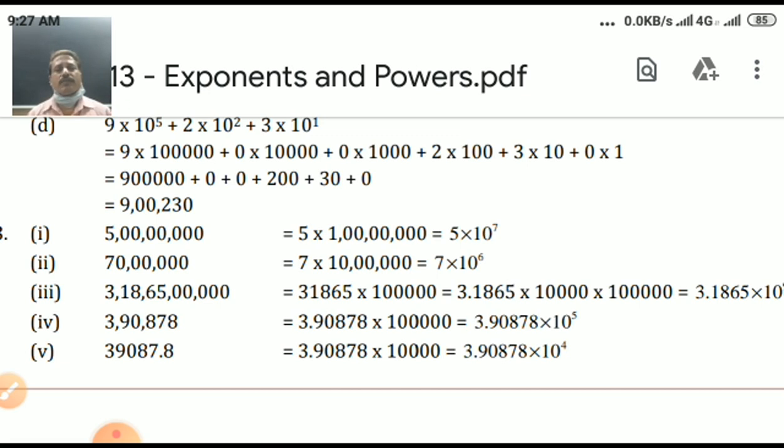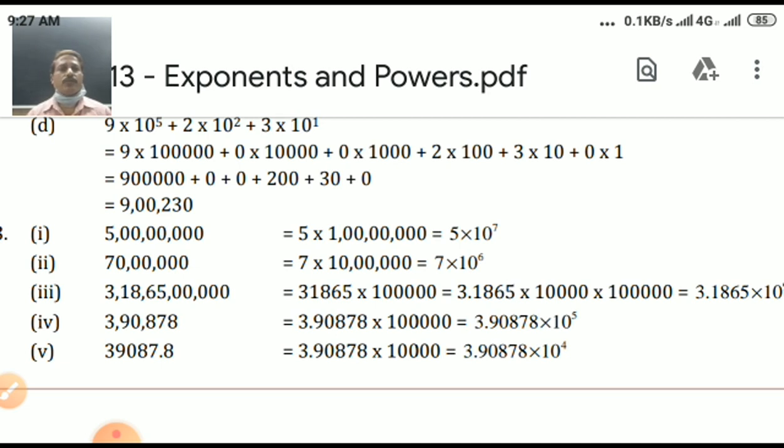In the B second answer, son. Yes, 7 into 10 raised to 6. 3, 1, 8, 6, 5 and 5 zeros. Don't worry. What will you write here? 3.1865 multiplied with the 4 because I selected 4 only.